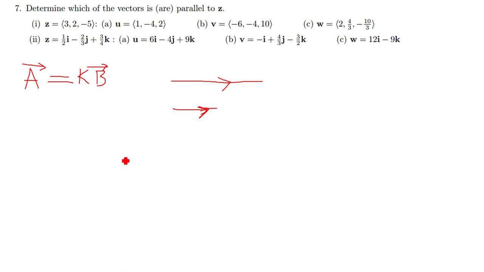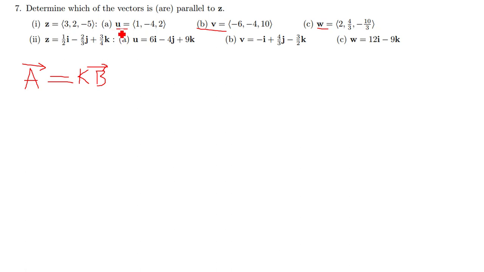So if z is parallel to either u, v, or w, it means that u, v, or w are scalar multiples of z. Let's look at one of these questions. Here z is 3, 2, -5.